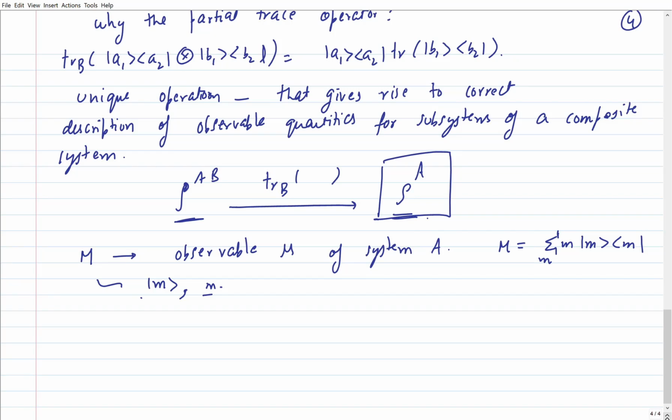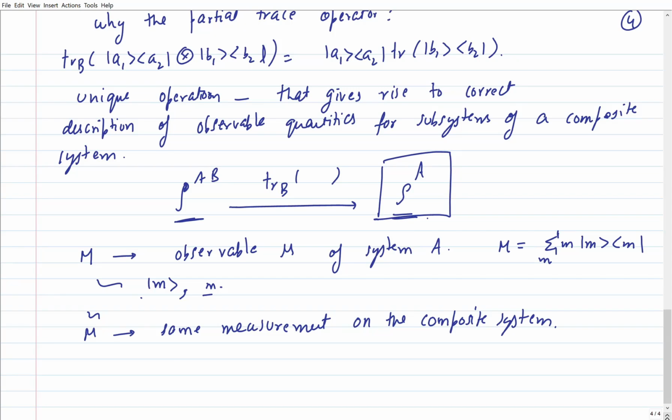So what would be the corresponding observable M tilde of the same measurement performed on the composite system?